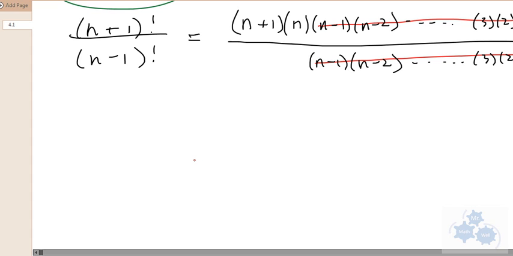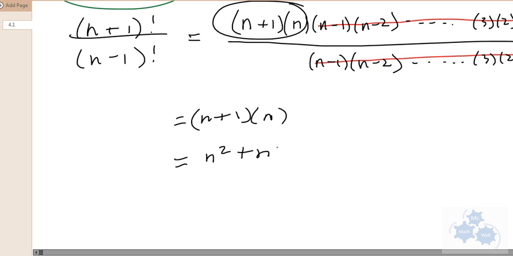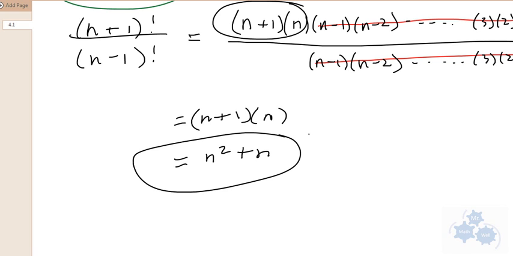So just like we had that example before where you noticed that there was a bunch of factors that were the same, this turns out to be n plus 1 times n. That's all that's left. And it's in the numerator. It's up top. So you don't have to write over 1 or anything. And if you were to simplify this, you would go n squared plus n. Okay?